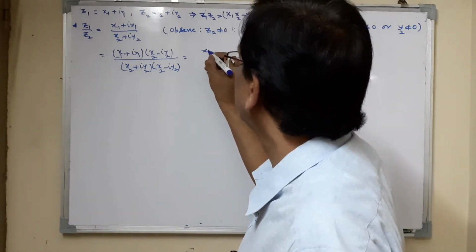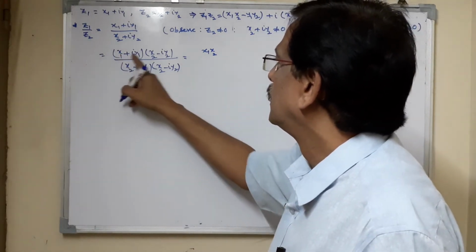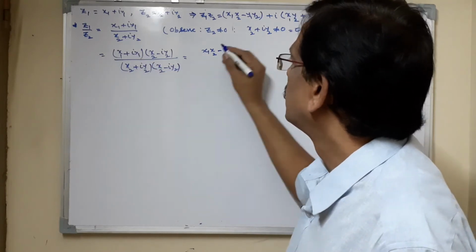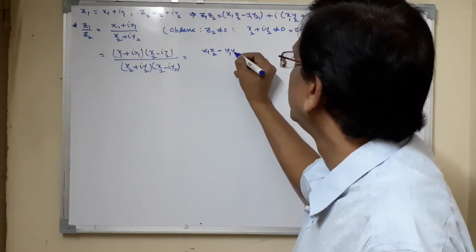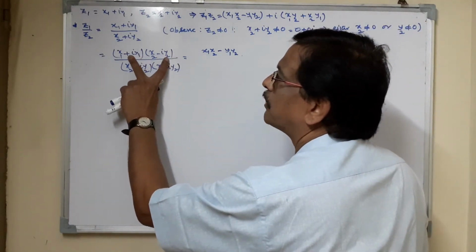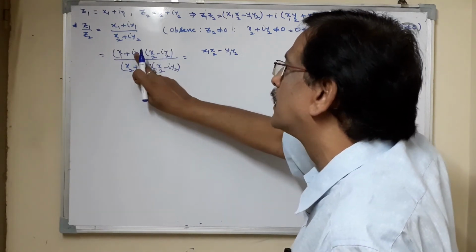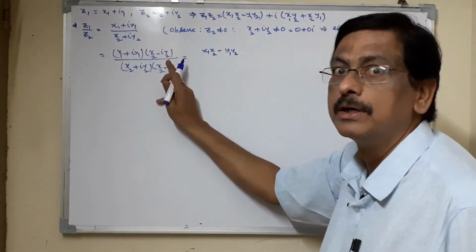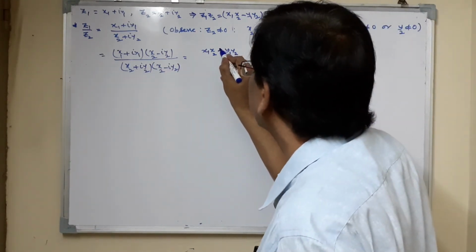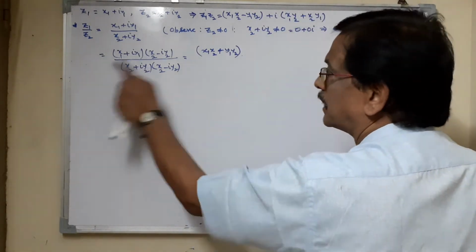You will get x1 x2 minus, now carefully observe, this is iy1 into iy2. So when I am multiplying, I will get minus i square y1 y2. i square is minus 1, so minus of minus will become plus. Please follow this step carefully. Otherwise you can directly multiply this.